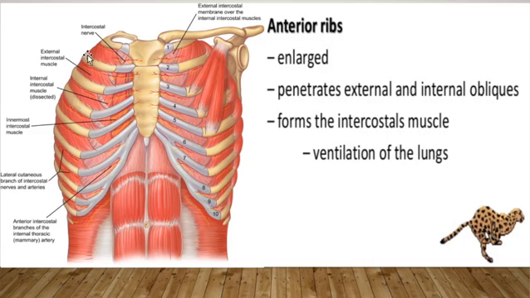First, we have the external intercostal, then underneath the external intercostal muscle, we have the internal intercostal muscle. So the surface muscle on the rib part is the external intercostal, and beneath that is the internal intercostal muscle.